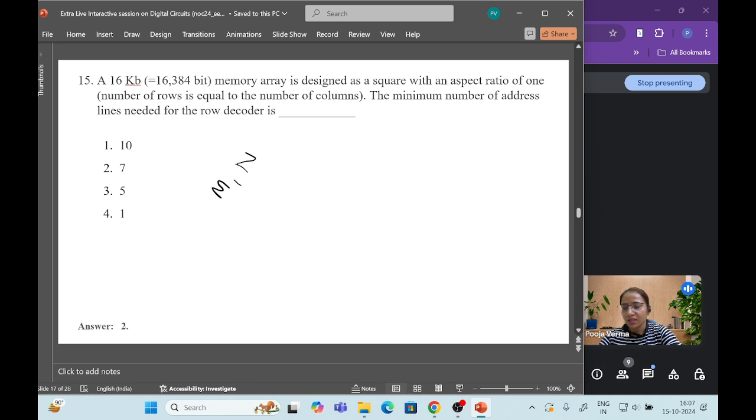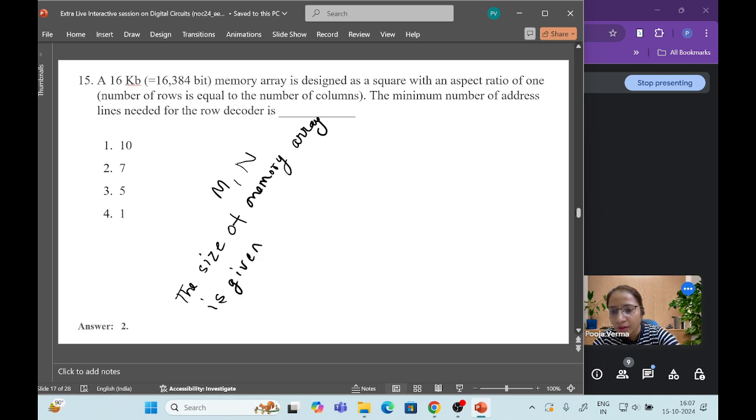Okay, so the size of a memory array is given by m cross n, where m is the number of rows and n is the number of columns.